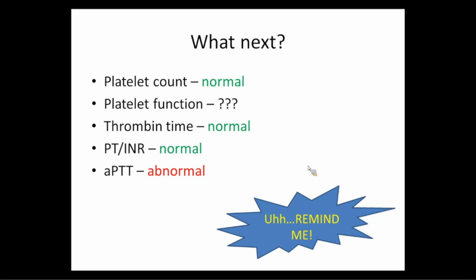What can we say? Any thoughts on what we can say about the thrombin time being normal? So what is the thrombin time? Good. I'm glad that nobody else knows. In case you make me feel stupid, I had to look it up.